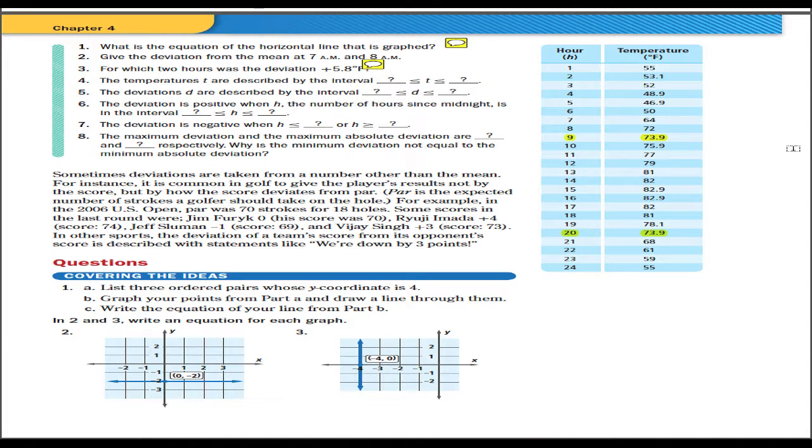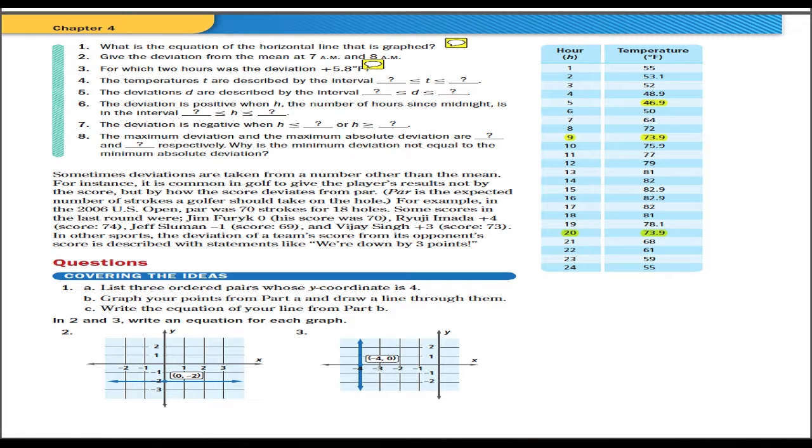So for which 2 hours was the deviation plus 5.8? Okay, the temperatures T are described by the interval. This is asking you basically what's the temperature range for this whole thing. What's the lowest temperature and what's the highest temperature? So we're going to look through the table here. 46.9, anything lower, not going to be there. So 46.9 looks like my lowest temperature.